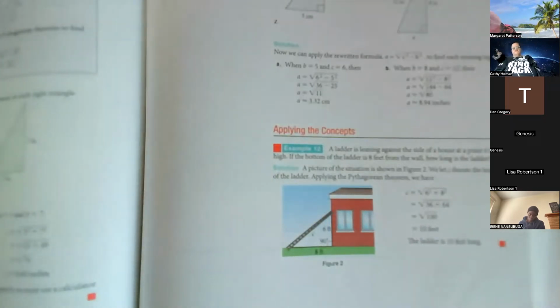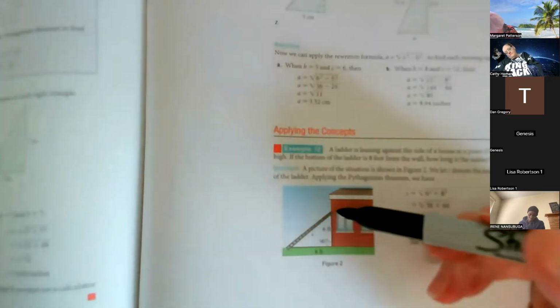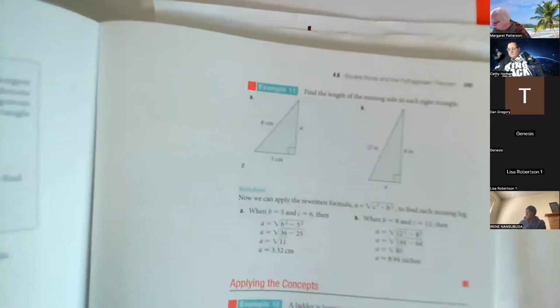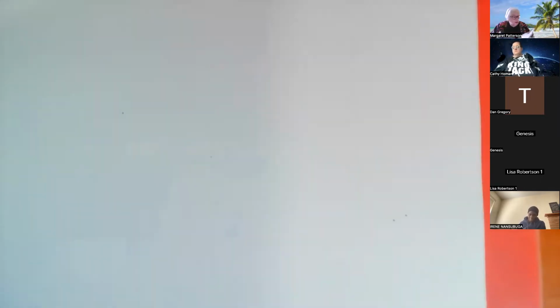If the bottom of the ladder is, what does it say, 8 feet from the building, and the height is 6. So I'm going to redraw it for you. The question is, how long does the ladder have to be?